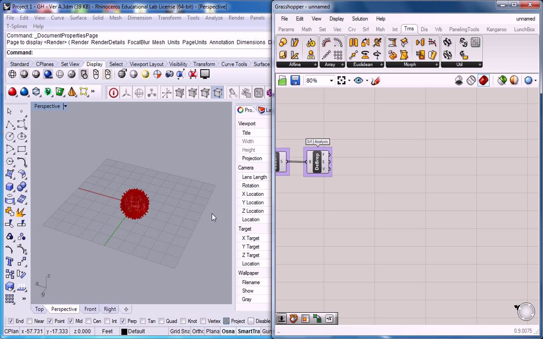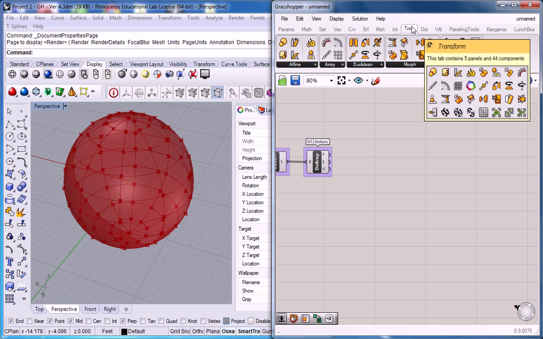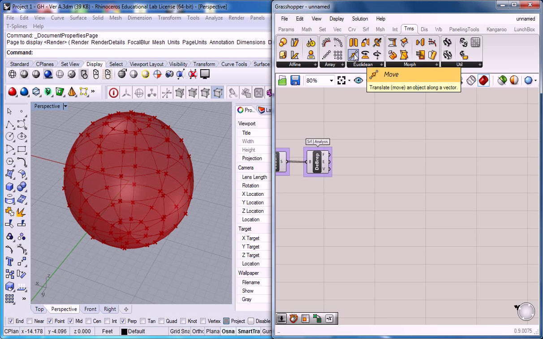Scale isn't right. What I truly need to do is move them, because the scale of its distance from the center point is going to make all of them bigger. I want them to be the same size, and I want them to slide away as if I'm taking it off. Okay, so that would actually be under Move, and it's under Transform, Euclidean.